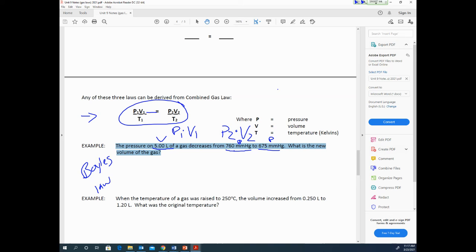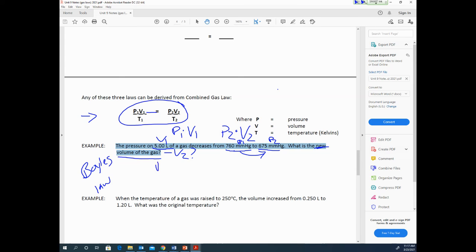So that goes from this to this, which makes this P1 and this one P2. And this is our original volume. So the pressure on 5 liters of gas decreases from 760 mmHg to 675 mmHg. What is the new volume of the gas? They want to know the new volume of the gas, which is V2. That's our question. We're looking for V2.